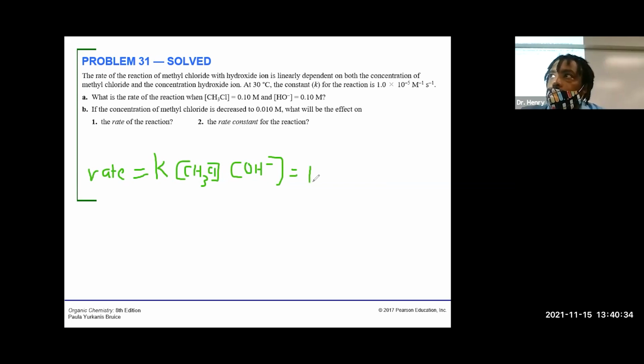So we have 1.0 times 10 to the minus 5, molar to the minus 1, seconds to the minus 1, times 0.1 molar and 0.1 molar.